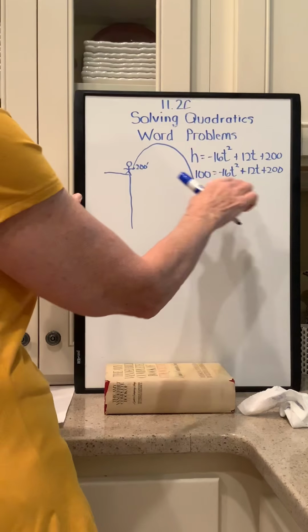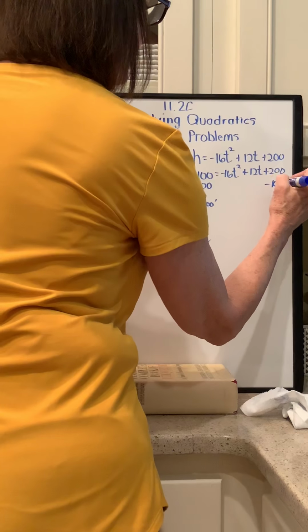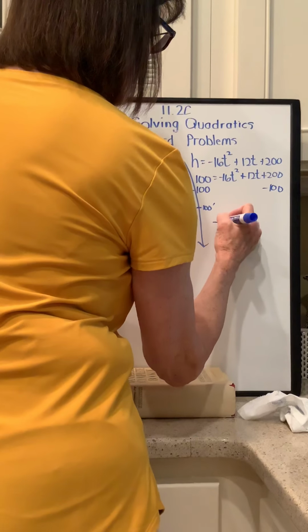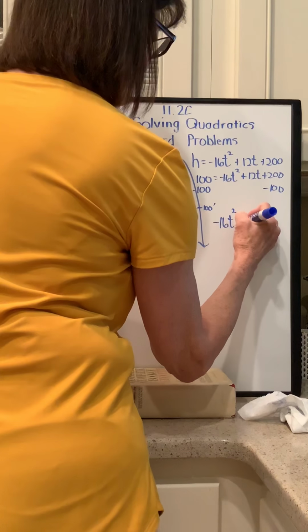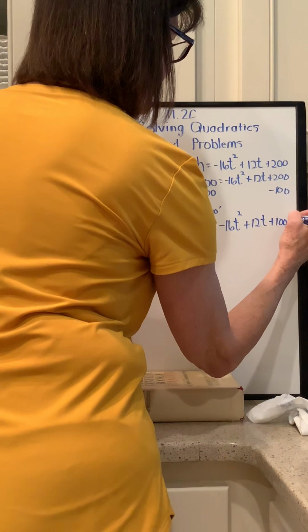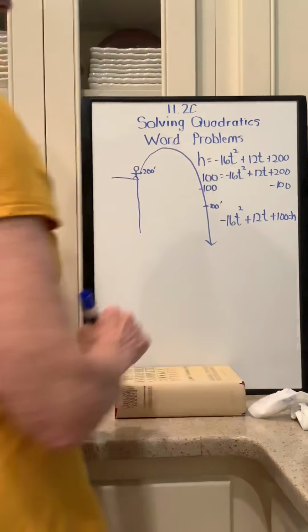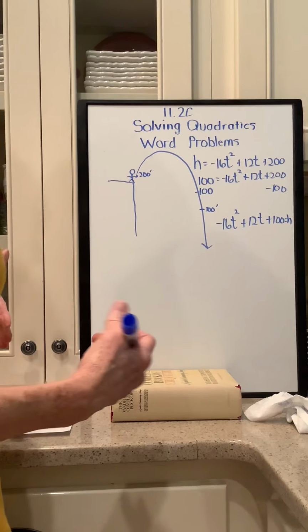But we need to subtract that 100 from both sides. We have negative 16t squared plus 12t plus 100 is equal to our function, which is our height. Let's plug this into the quadratic formula.